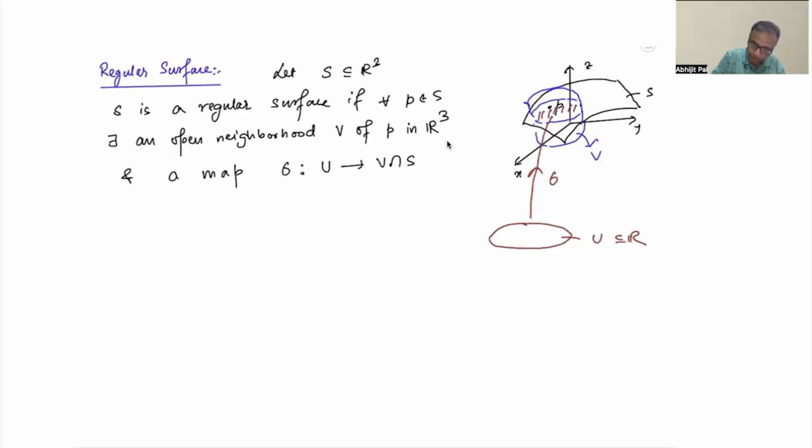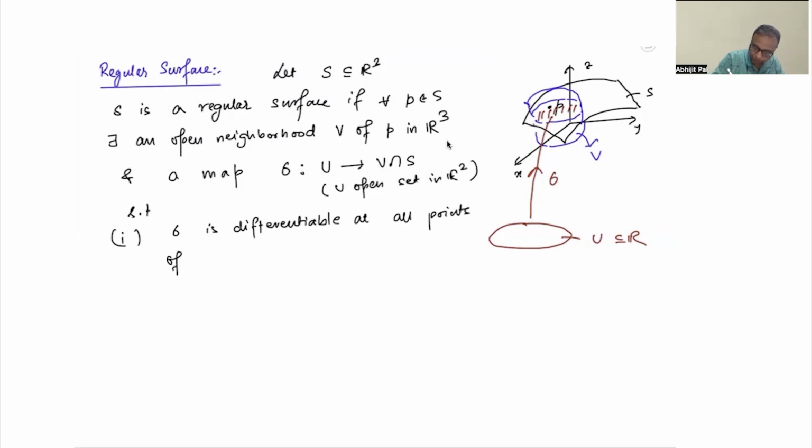So a map sigma such that this U is an open set in R2, such that sigma is differentiable at all points of U. The second thing is that sigma is a homeomorphism onto its image.